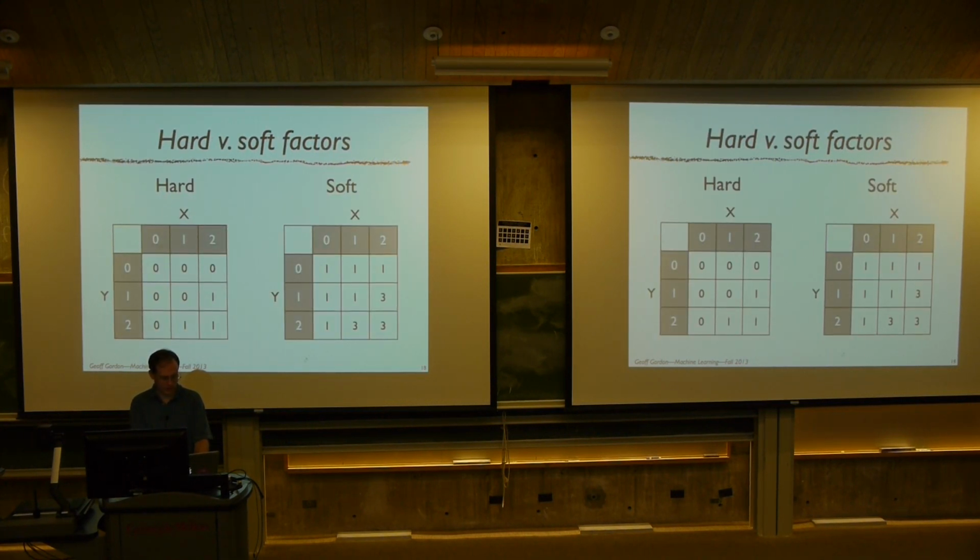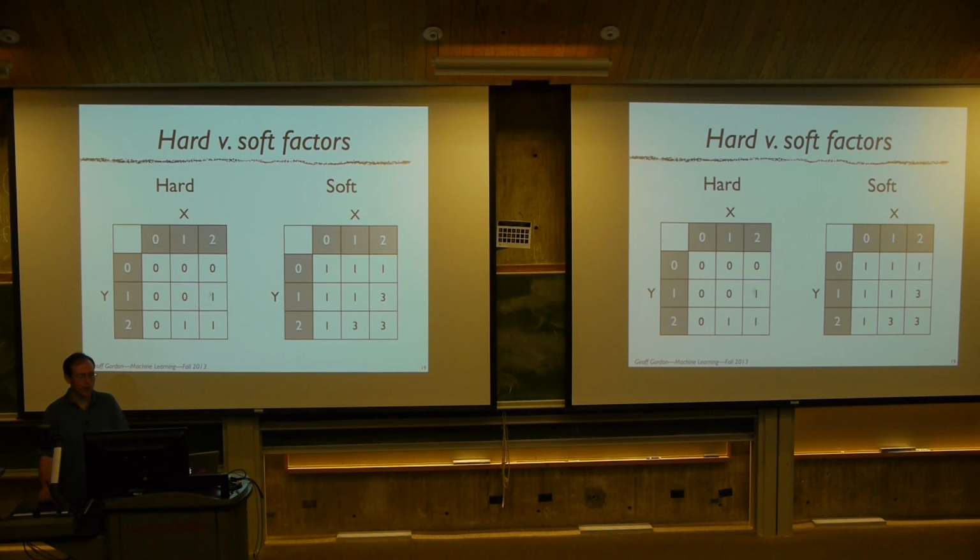Just the last couple of things that I wanted to mention before we are done with graphical models. The factors that I've been working with so far are what I would call soft factors. They don't have any zeros in them.